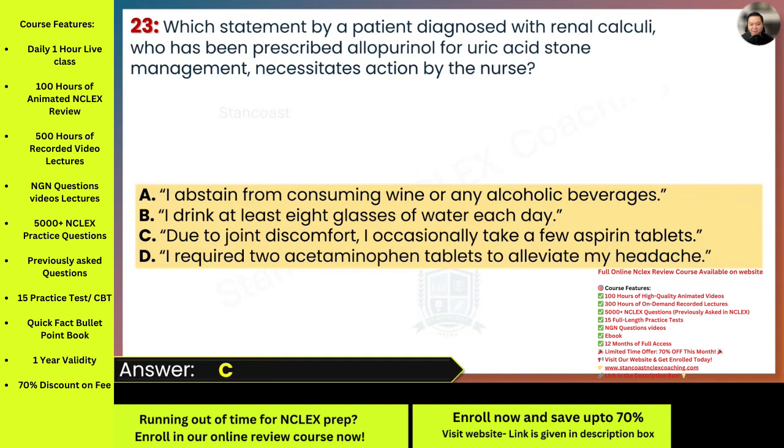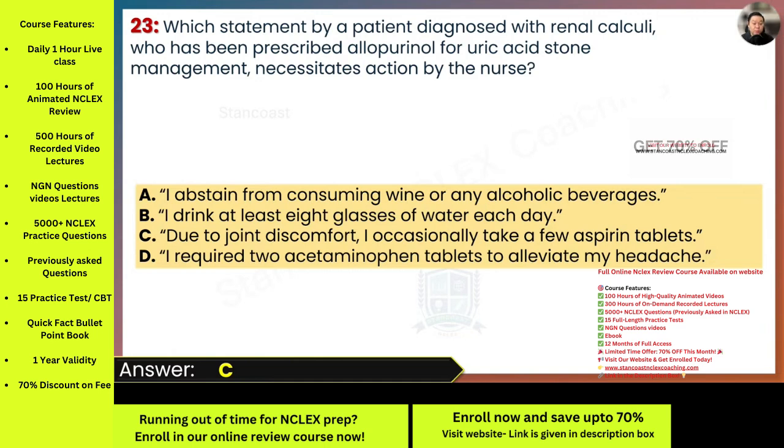Why is that correct? We know that aspirin, or salicylic acid, can increase urinary acidity, which is counterproductive for this patient with the uric acid stone. The goal for this patient is to maintain an alkaline urine to prevent further stone formation.